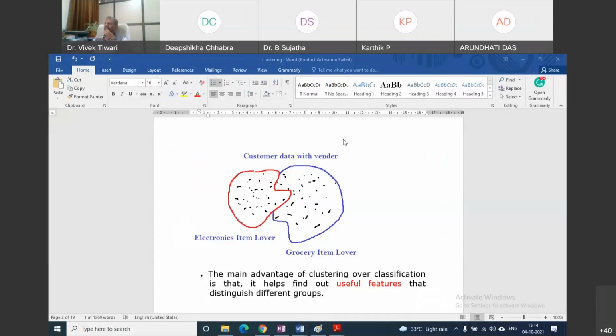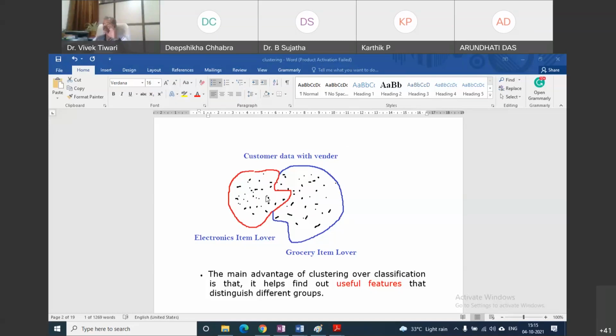So I was saying, I've created clusters. There are two clusters presented through red color and blue color. Red clusters are the set of customers who purchase electronics items whenever they visit. And the blue clusters are those customers who visit to purchase daily usable items like groceries or something else.